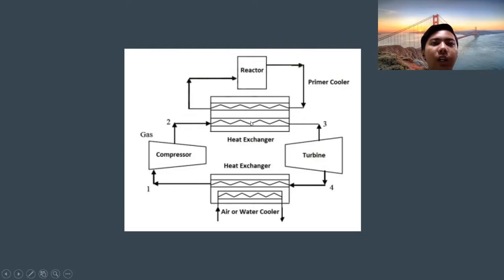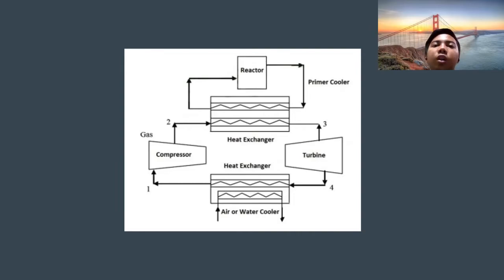The gas is compressed isentropically and passes through the heating chamber. In the heating chamber, the compressed air is heated and flows through the turbine.